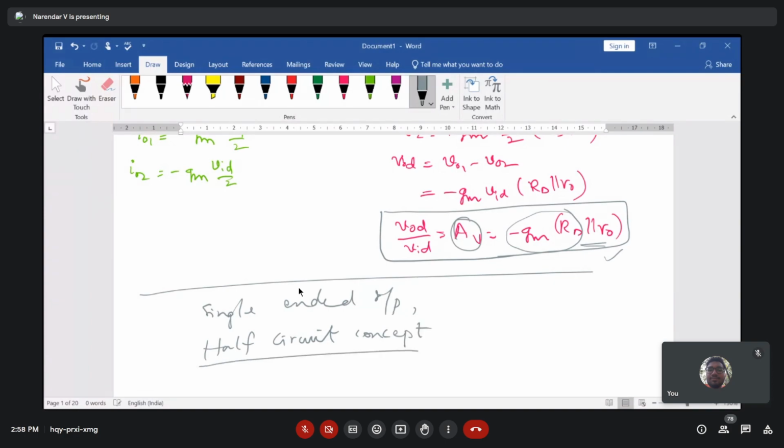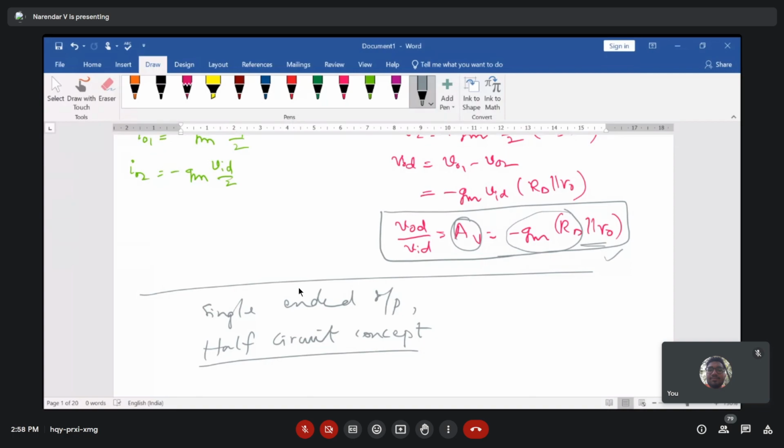Half circuit concept you apply, just take the half of the circuitry and then analyze the performance. Single-ended output, and then you can also go for differential with double-ended. Okay. So at home you just go with calculation of your single-ended output and then differential output.